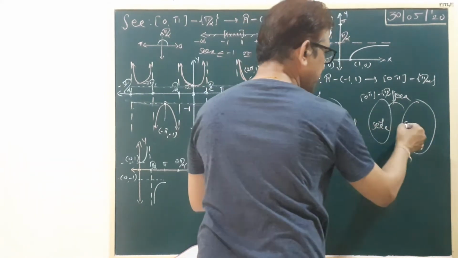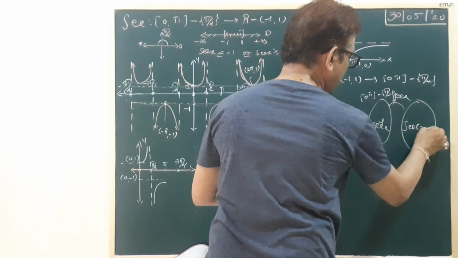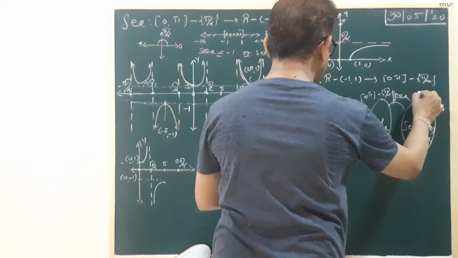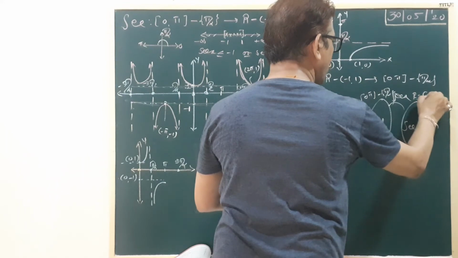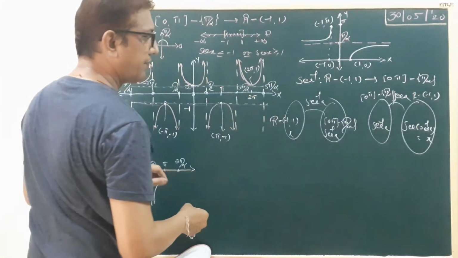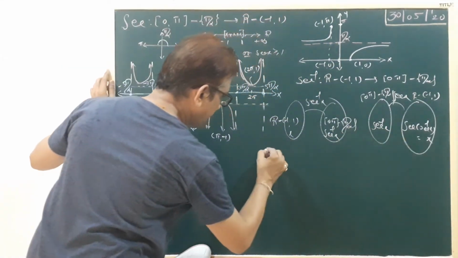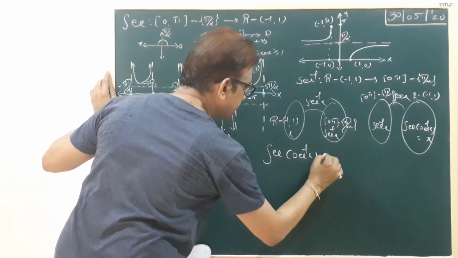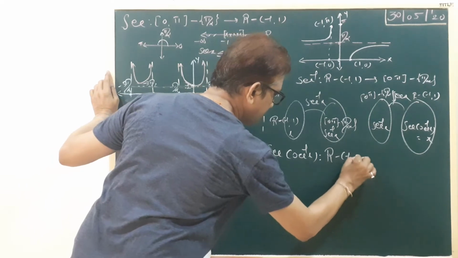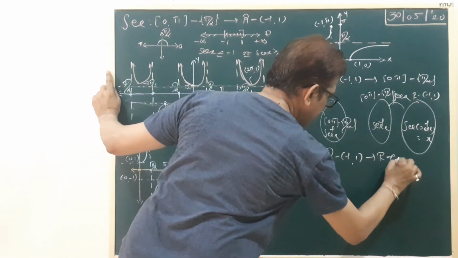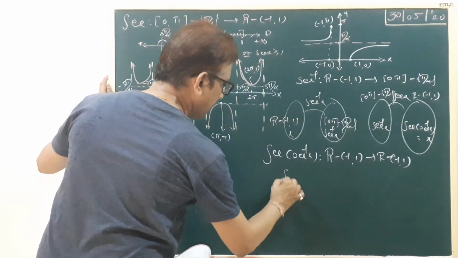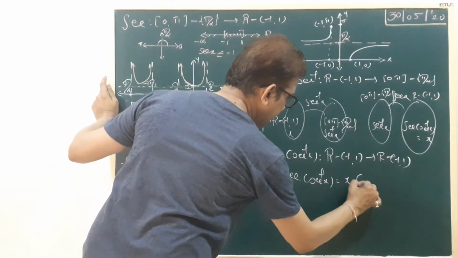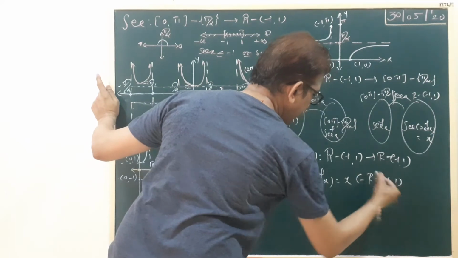For the sec function, this is your x. So sec of sec inverse x equals x, and we write here R minus the open interval minus 1 to 1. Sec of sec inverse is a function from R minus (minus 1 to 1) to R minus (minus 1 to 1).